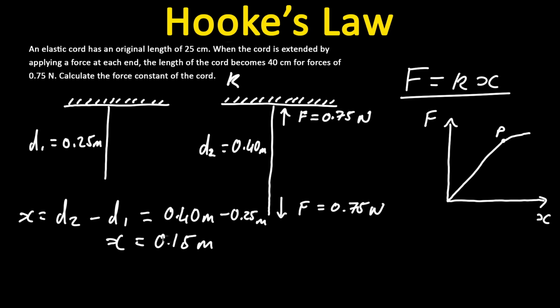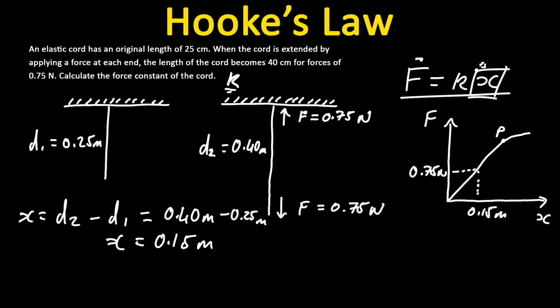We have the force of 0.75 newtons, the amount of force required to extend this cord by 15 centimeters. And what they're asking us is to find the spring constant, in other words, the gradient of this graph.